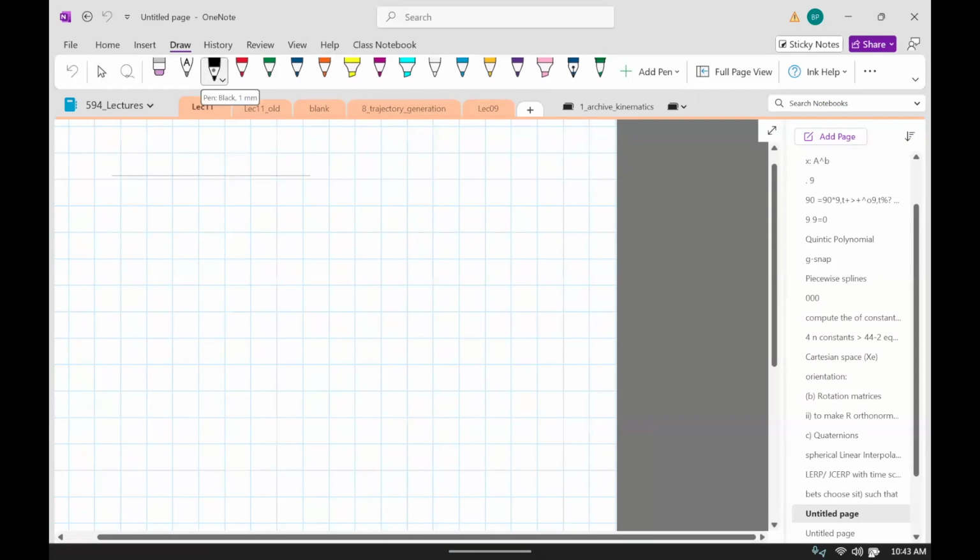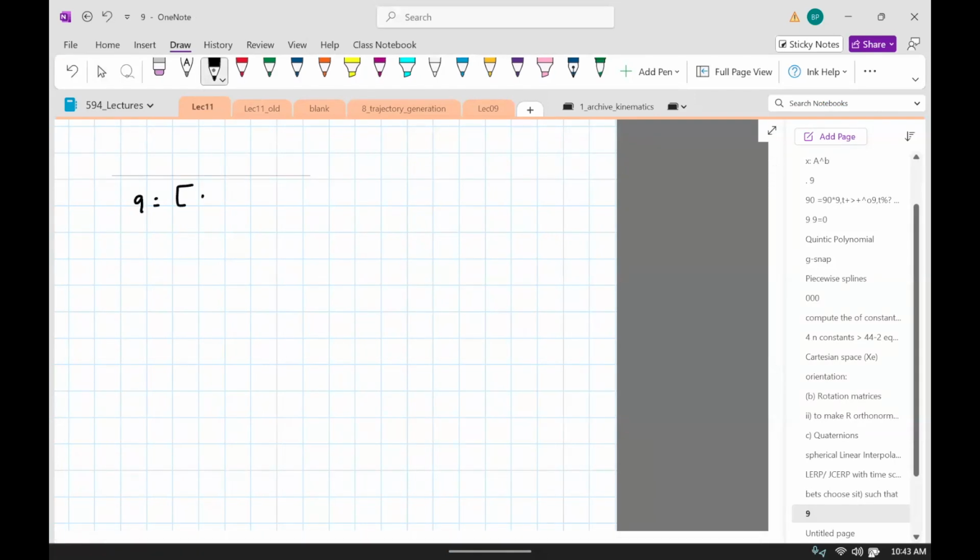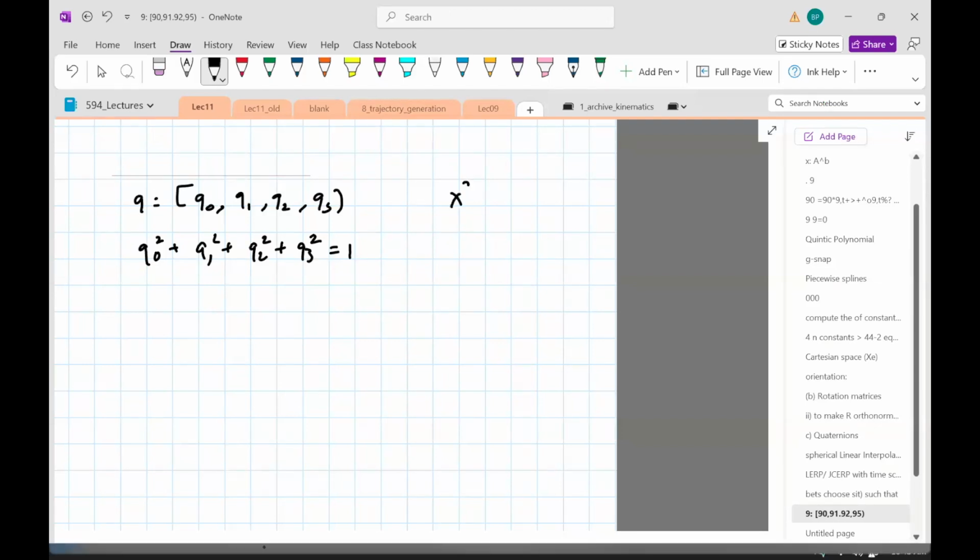If you look at quaternions, there is Q0, Q1, Q2, Q3, such that Q0 squared plus Q1 squared plus Q2 squared plus Q3 squared equals 1. Okay, so that is a constraint. A similar example would be x and y, with x squared plus y squared equal to, let's say, 1. So this is basically a unit circle.